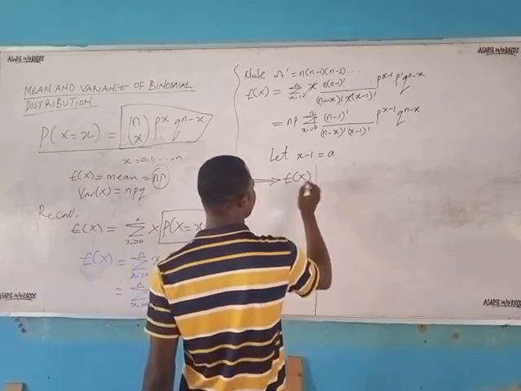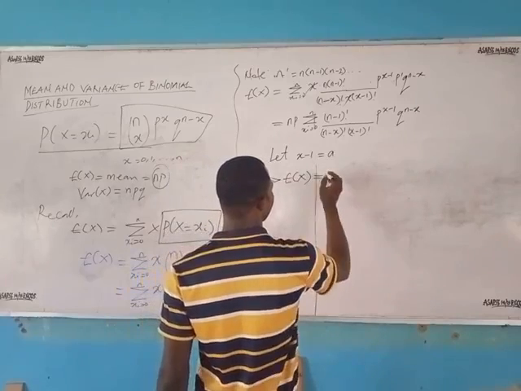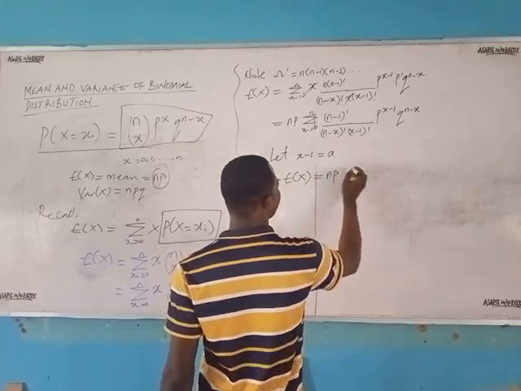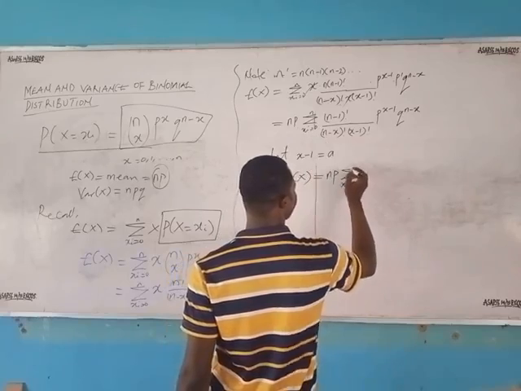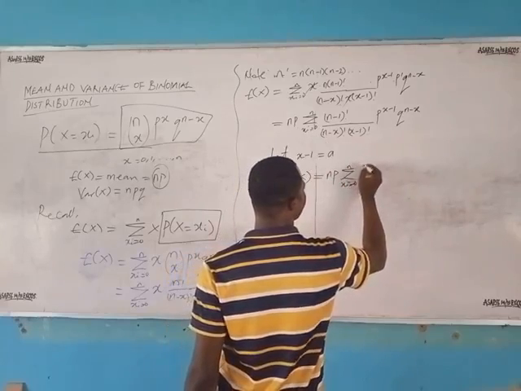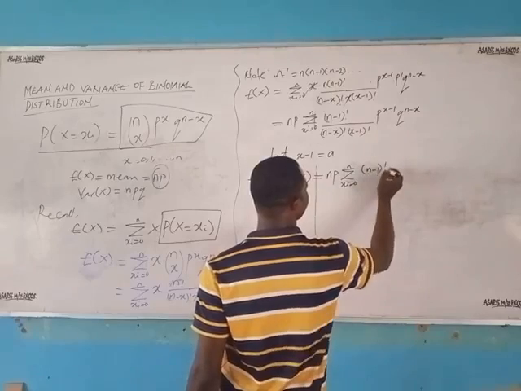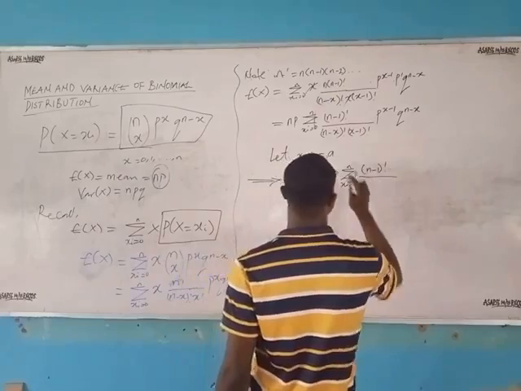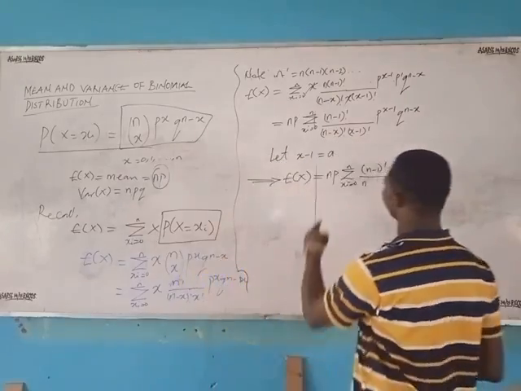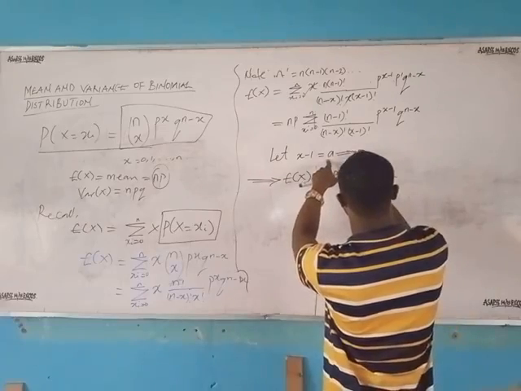Expected value of x equal to np summation xi from 0 to n, then n minus 1 factorial all over n. Our x is now, let's find the value of x here.